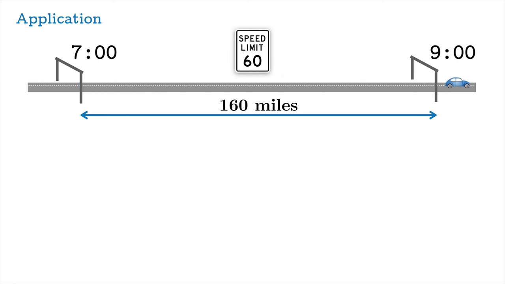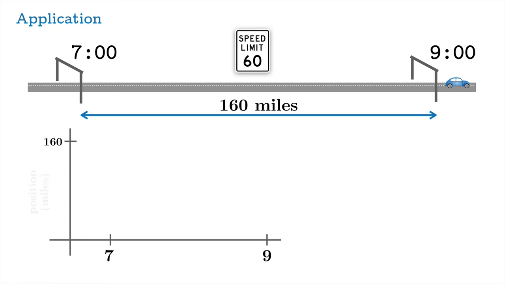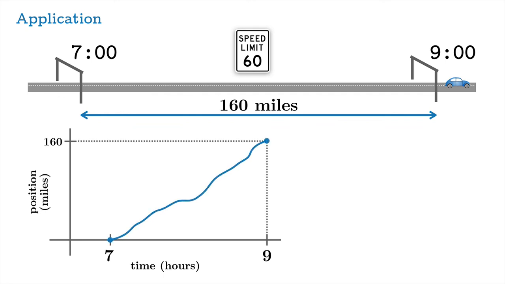Now you could plot your position in miles as a function of time in hours, and your position function then would look something like this. Now, one thing to notice is we don't know anything about this position function in between the arguments 7 and 9. We will make some assumptions that seem to be consistent with our understanding of physics, namely that this position function should certainly be continuous on the closed interval from 7 to 9 and differentiable as well.